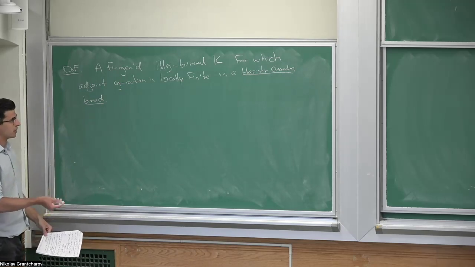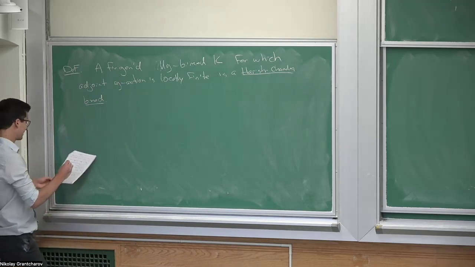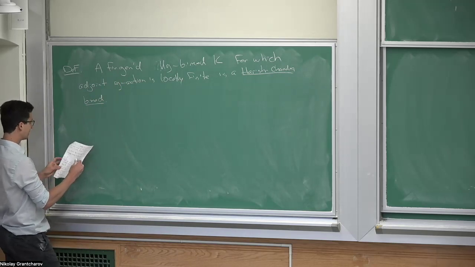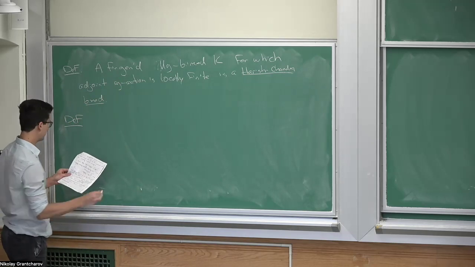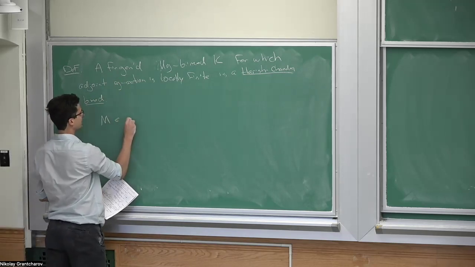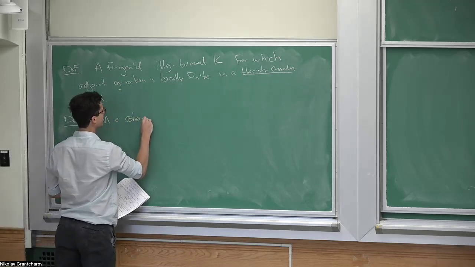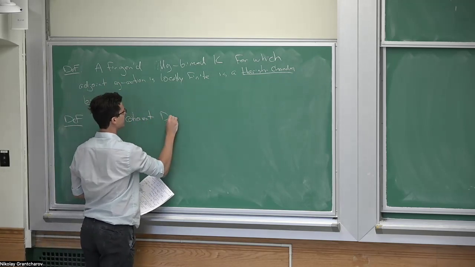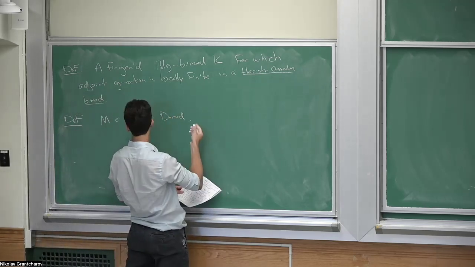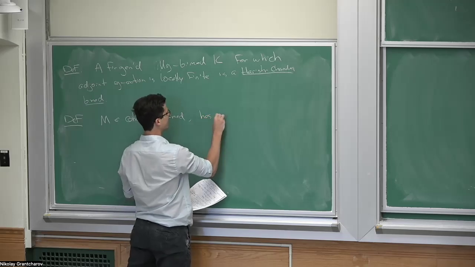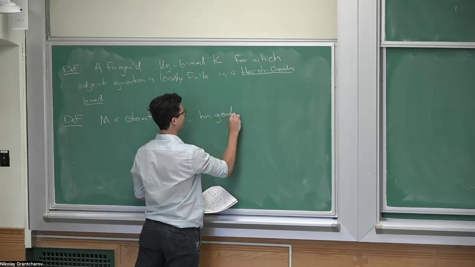So in the setting of W-algebras, there is no group. And then for M a coherent or finitely generated D-module, it has a good filtration, which I will not recall what it means.